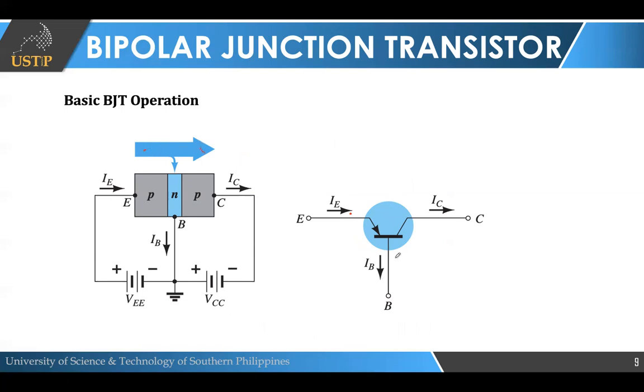Looking at the schematic symbol, the current is going in there, right? And again, think of this as your node, no? Once it enters the node, it is distributed to your base and to your collector. Alright? So, I hope you can imagine it.